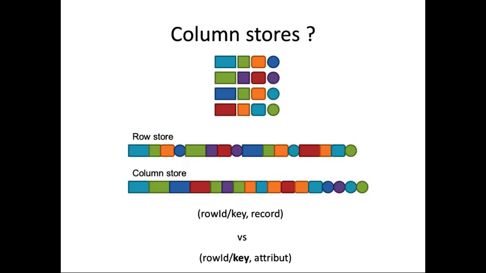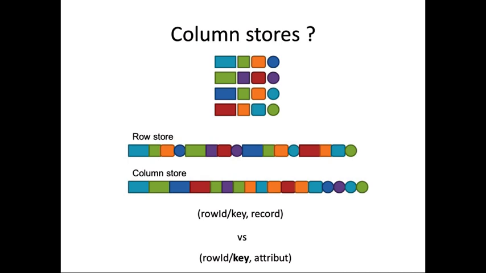Now, first of all, what are column stores? This is a new concept here. You may have heard about it. It's simply about the physical organization approach that we follow when we store data.